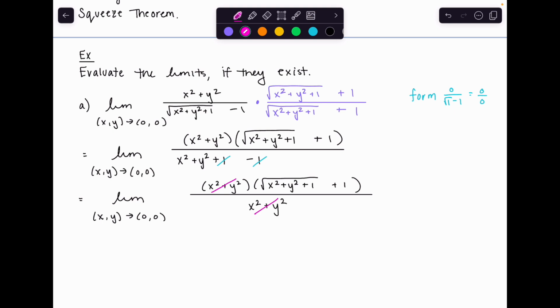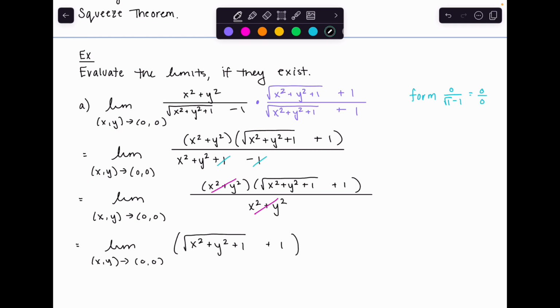So this disappears, and what we're left with is the limit as x and y both approach 0 of the square root of x squared plus y squared plus 1 plus 1.